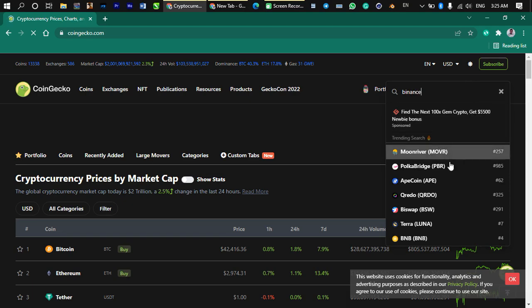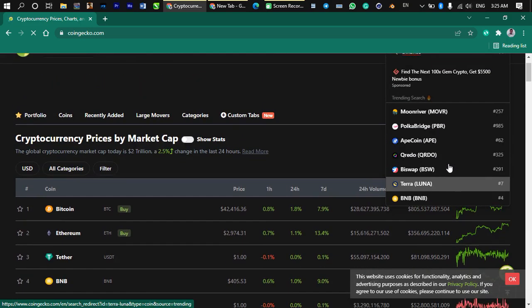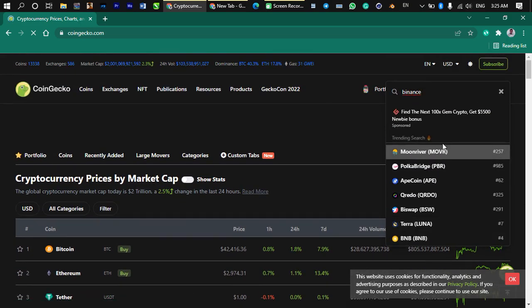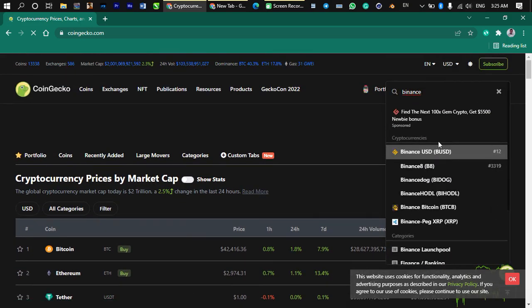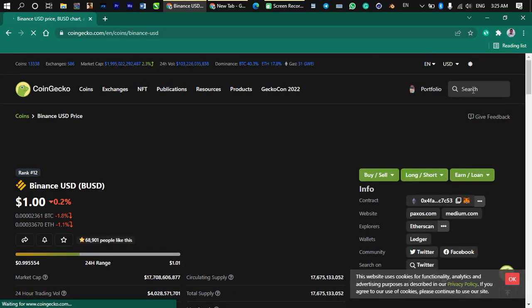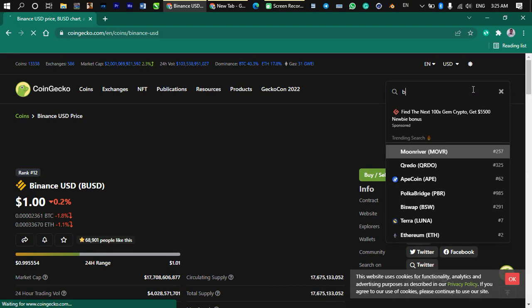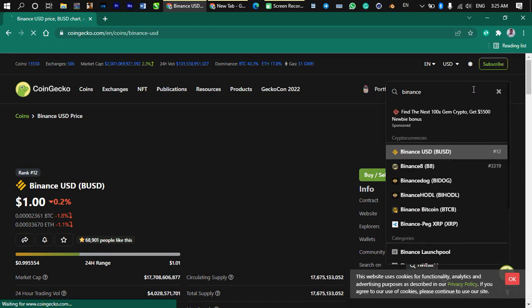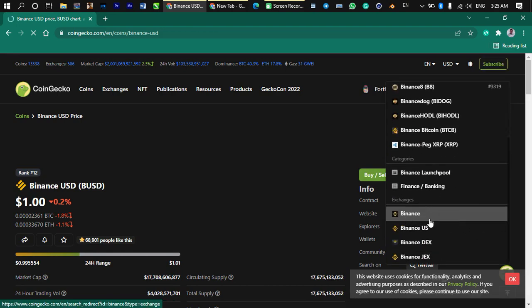Okay, so you type Binance, then you scroll down to exchange. Under this exchange, choose Binance.